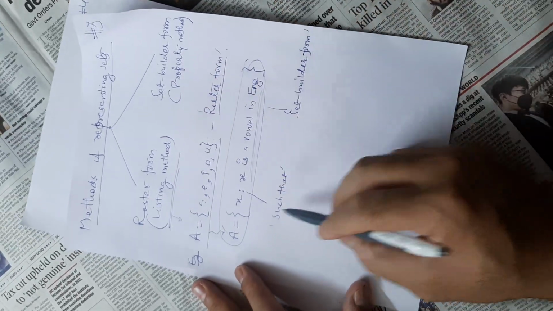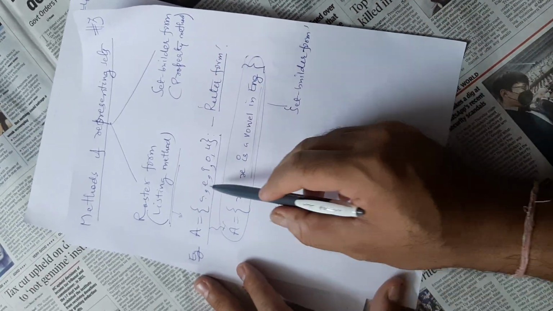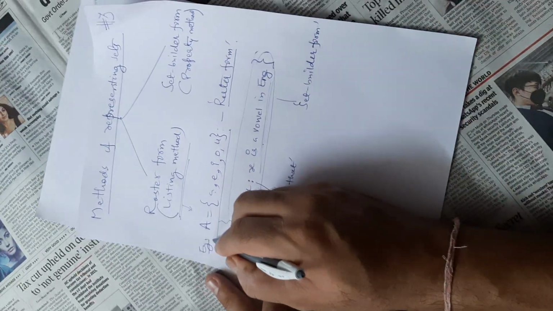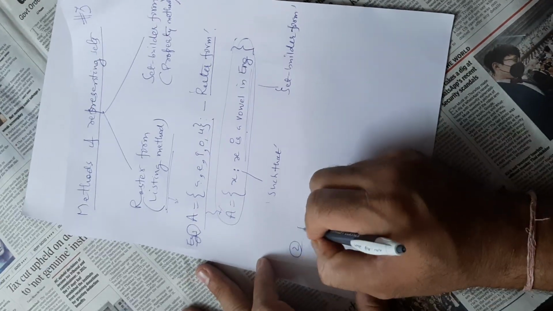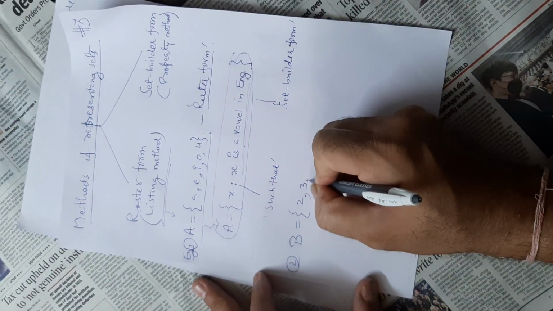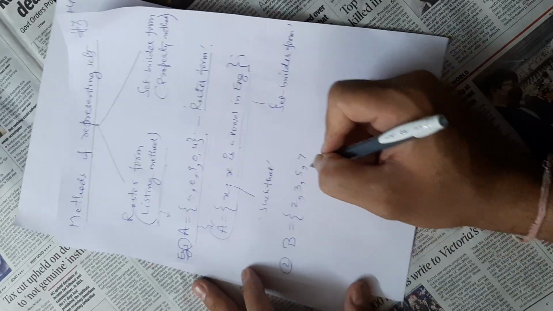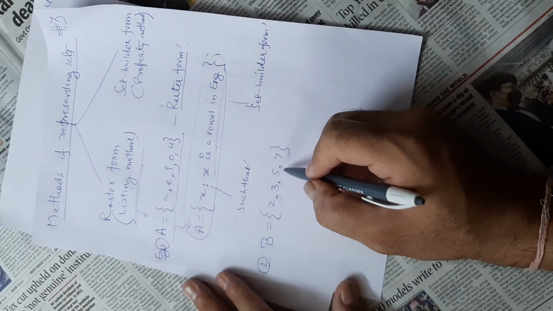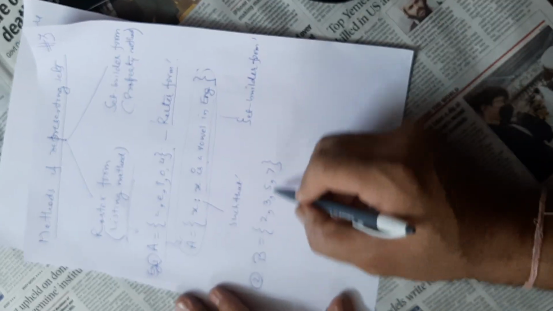Okay. So every set you can represent in two ways. This is just a way of writing the set. Whether you write this or this, both are the same thing. One more, if I take B equals to, suppose these numbers 2, 3, 5 and 7. Now what is this again? 2, 3, 5, 7. These are nothing but the prime numbers.